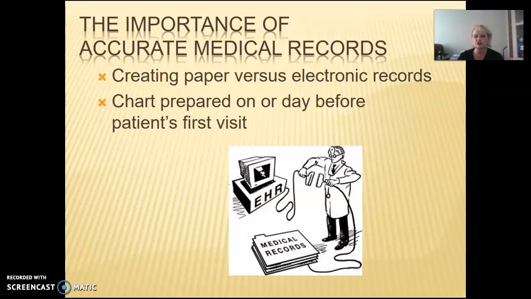And the chart prep that I would do in the primary care setting is, I identify if they have a balance on their account, because I can print out the statement to give it to them to try to collect both their balance plus their copay. So I do that sort of financial thing.